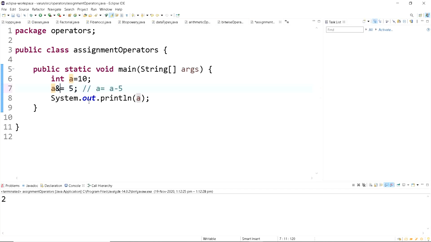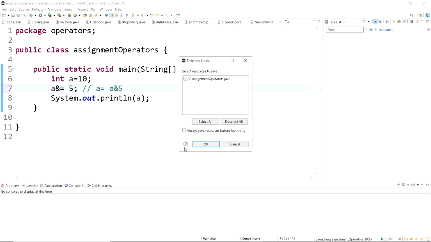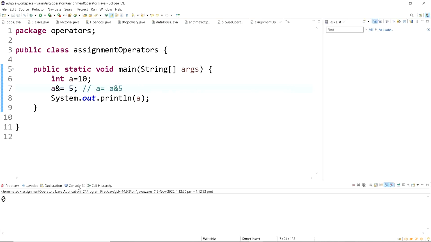So if I do a and 5, now the value of a is 10. So 10 and 5, we'll see what the value is. So simply doing this way, the answer we get is 0. So we could do all sorts of operations with these assignment operators.